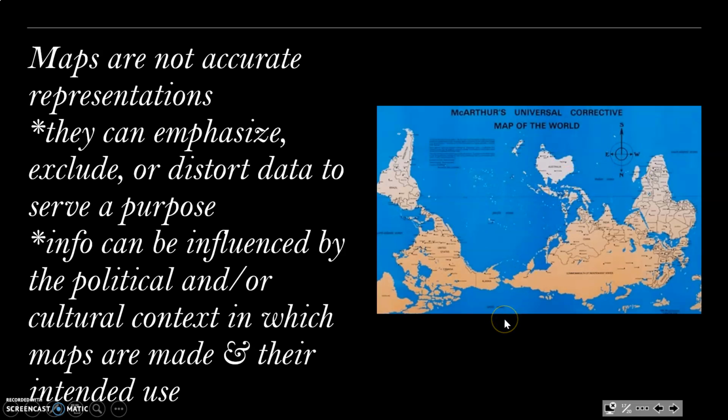And that's because those maps for the United States, we want to focus on our nation. But here, this map is probably for a country like Australia. And so because of that, they want the same thing, to focus the eye on their country as being more front and center. So maps can absolutely emphasize or distort information.